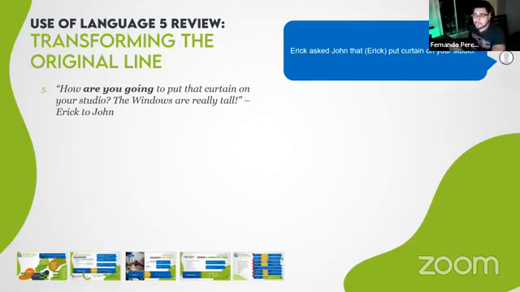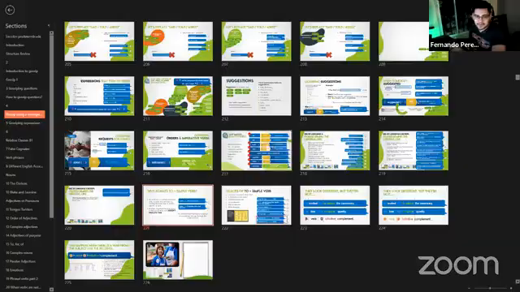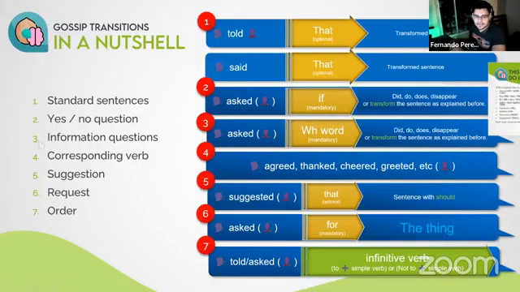And number two, the question how is necessary too. Observe the formulas and let's go to formula number 3 for gossiping information questions. One person asks the other, and you have two options: option if and option WH. Never that. That is in formula number 1.